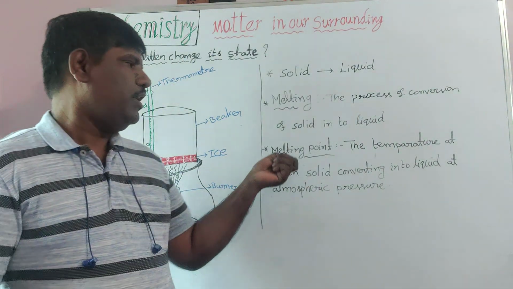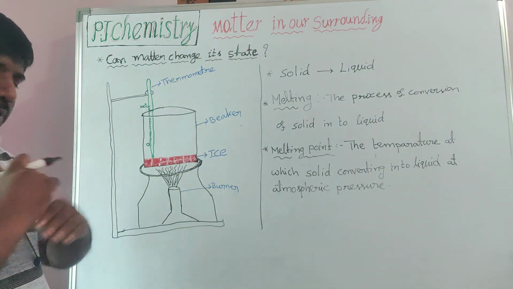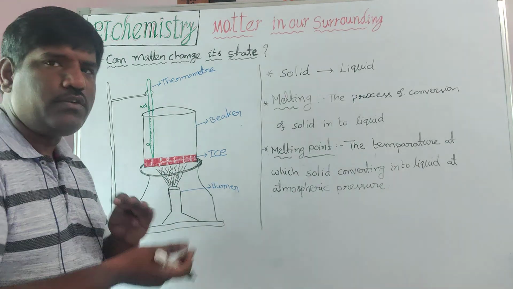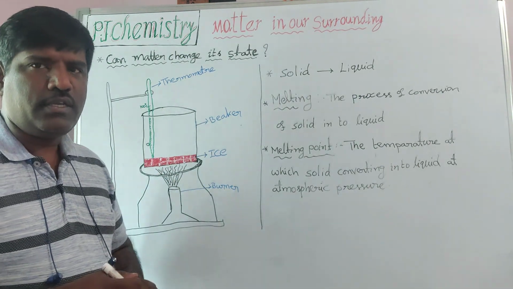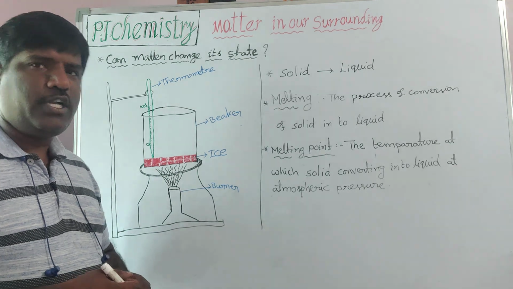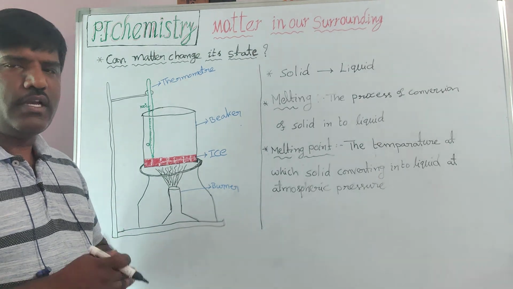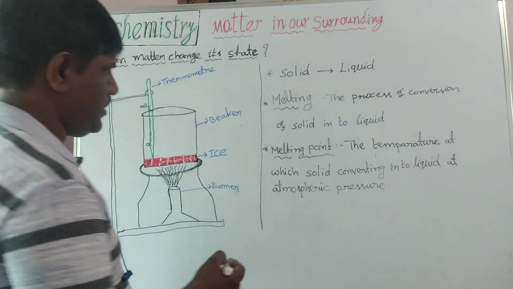At whatever temperature the process of solid converting into liquid occurs, that temperature we call the melting point. Generally, the melting point of ice occurs at 0 degrees Celsius.